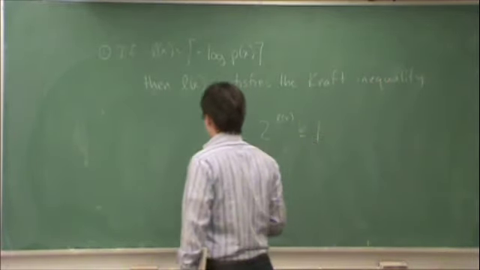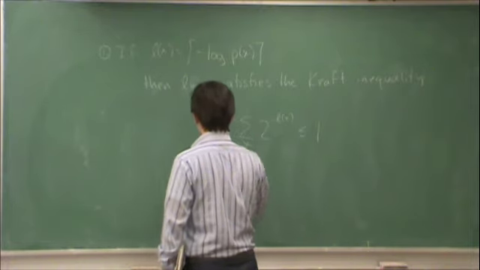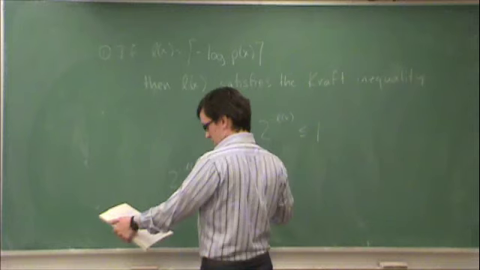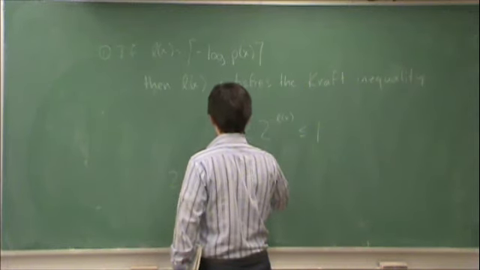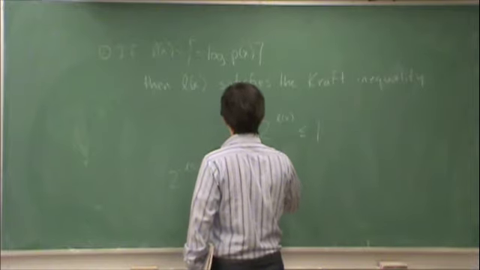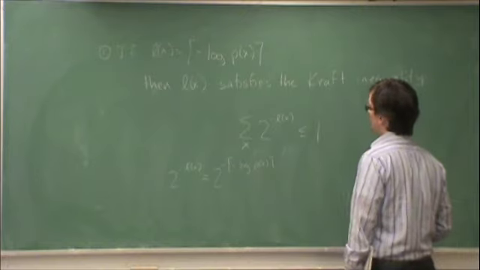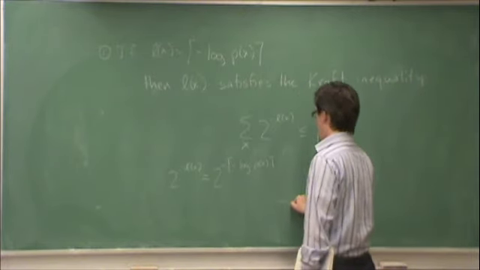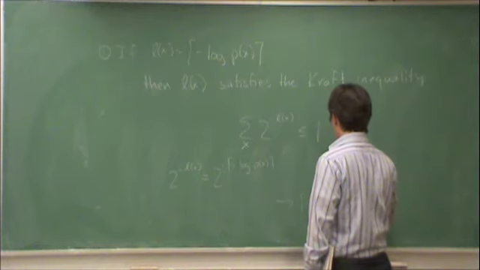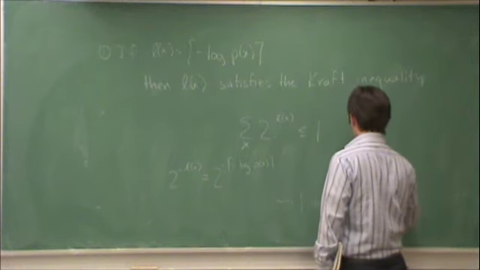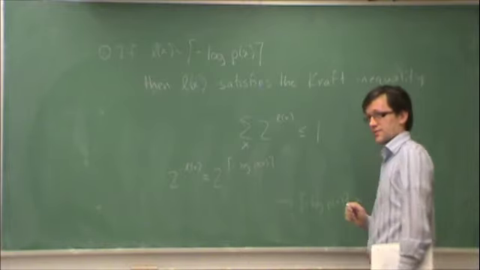So what is 2 to the minus Lx? Well, 2 to the minus Lx is equal to 2 to the minus ceiling of negative log px. But ceiling of negative log px is greater than or equal to negative log px, just by the definition of ceiling.